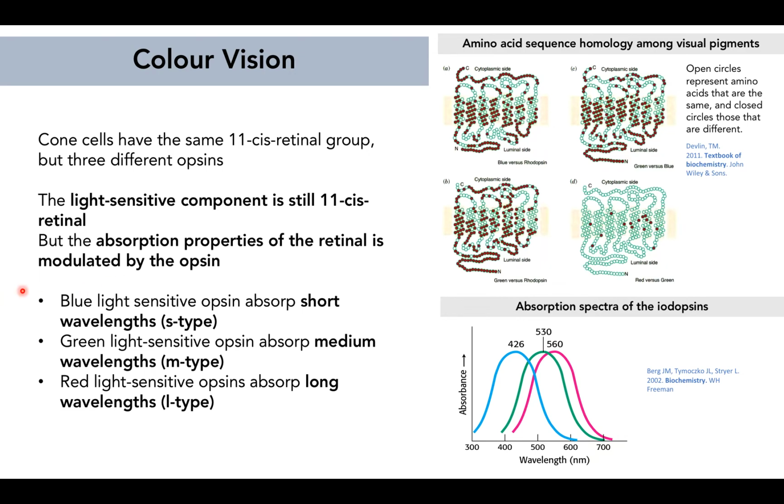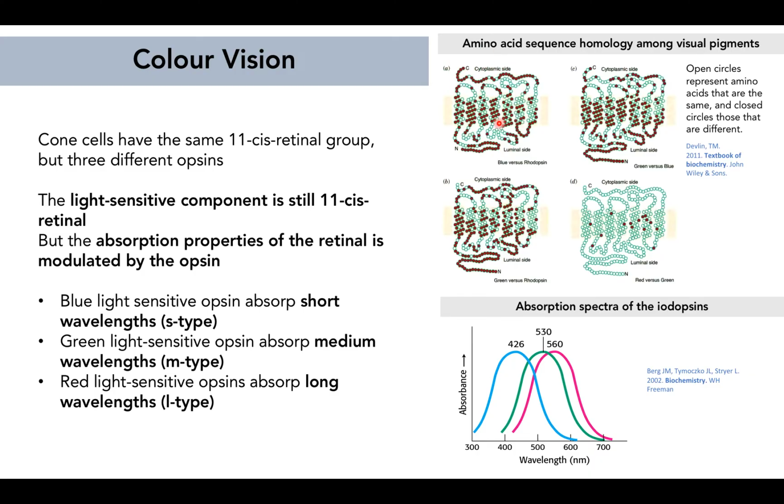The light-sensitive component is still 11-cis retinal, remember, but the absorption properties of the retinal are modulated by the type of opsin. This is an example of the blue opsin. The open circles show the amino acids that are the same as rhodopsin, and the colored circles are the amino acids that are different from rhodopsin.